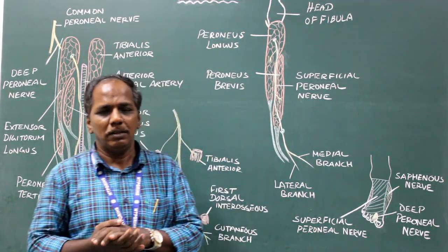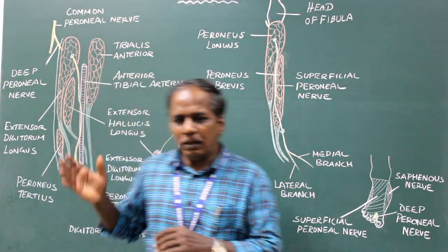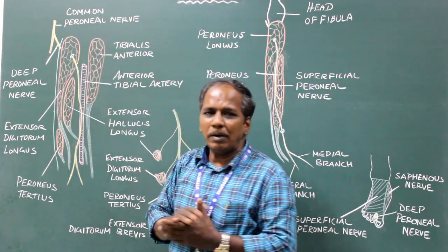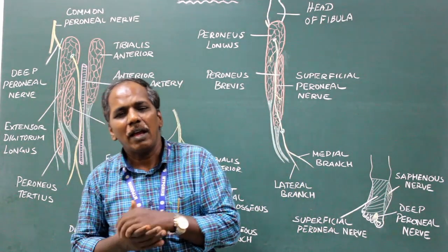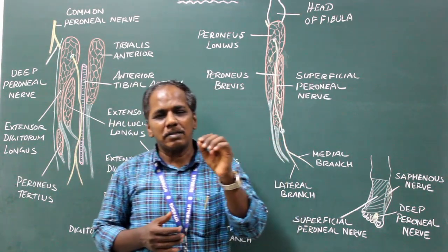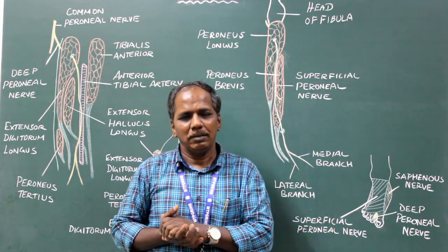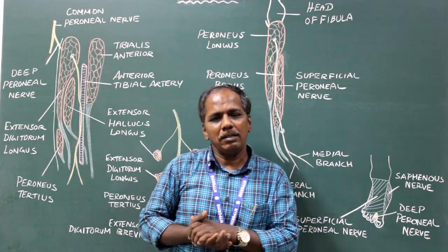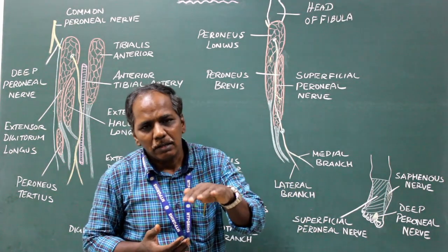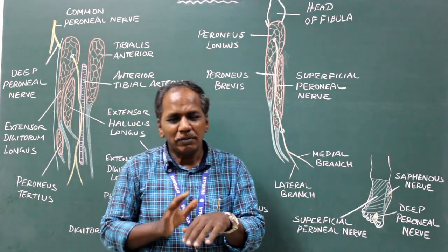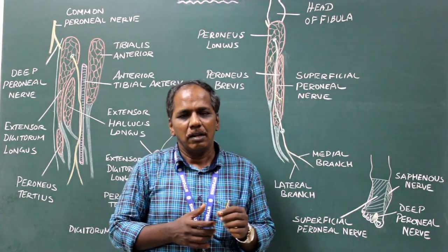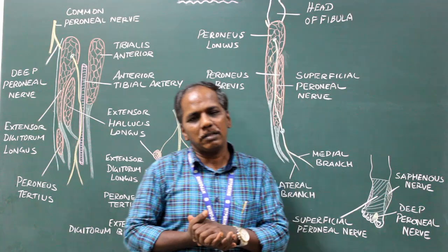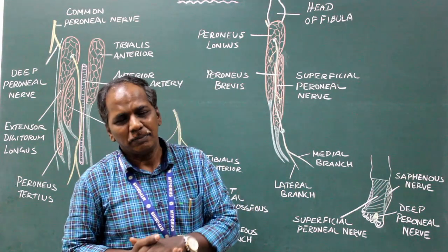Applied anatomy. Injury to the deep peroneal nerve results in paralysis of the anterior compartment muscles of the leg. So this results in loss of dorsiflexion of the foot, and this condition is known as foot drop.